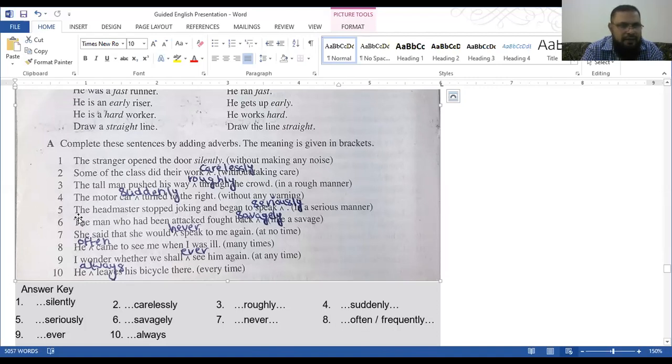Number five, the headmaster stopped joking and began to speak in a serious manner. Seriously. Number six, the man who had been attacked fought back like a savage.